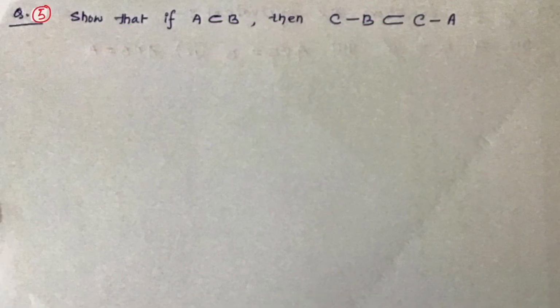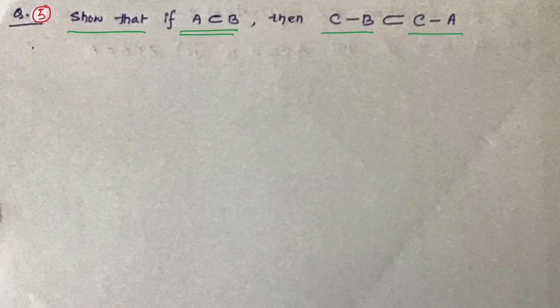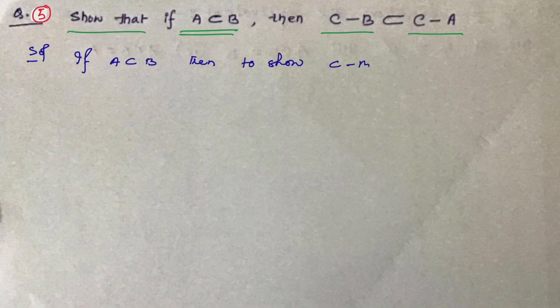Now let us solve question number 5. Okay, so that if A is a subset of B, then C minus B is a subset of C minus A. Okay, so here it is given that if A is a subset of B, then we need to show that C minus B is a subset of C minus A. So how to solve this?